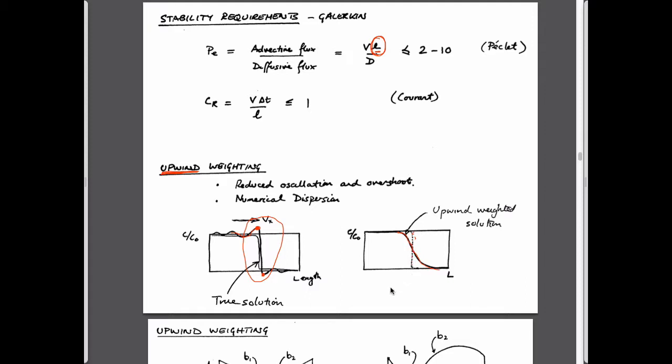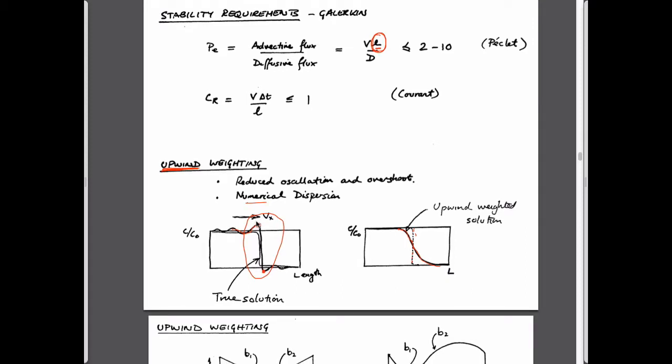The reason is that when you add these extra weighting functions, you put in an extra amount of dispersion in the system, artificial dispersion or numerical dispersion, and you're never quite sure how much of that dispersion you have, right? You never know because you can't define it. And so we'll look at upwind weighting to do that.